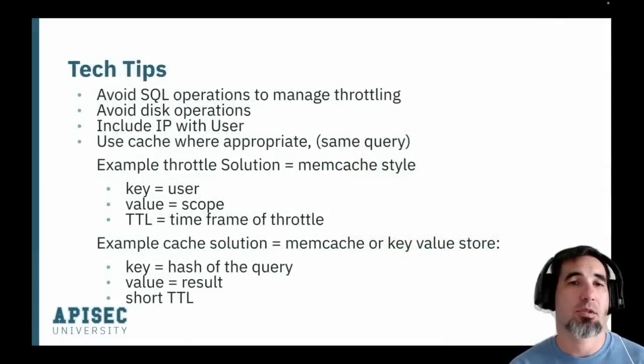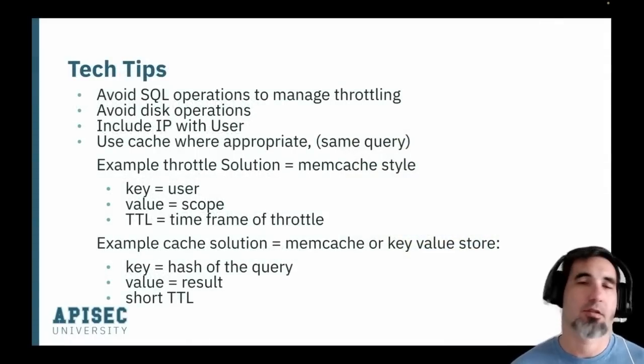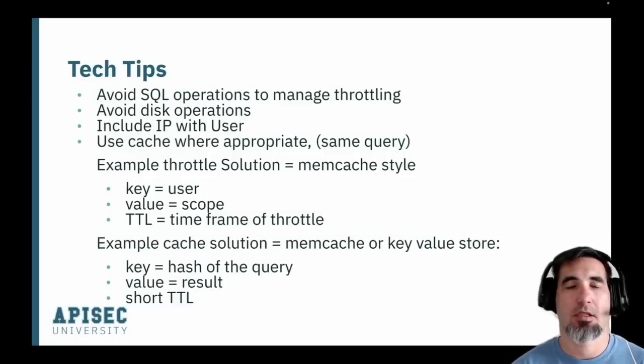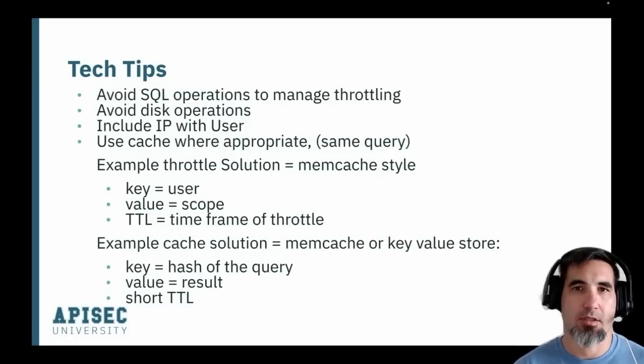Finally, I want to leave you with some technical tips, with a little bit of guidance based on some experience handling this myself over the years in this same exact area. You don't want to use SQL operations to do your throttling. If something is expecting to happen, say, thousands of times per second, waiting for a SQL insert or a SQL read is just not going to be fast enough.